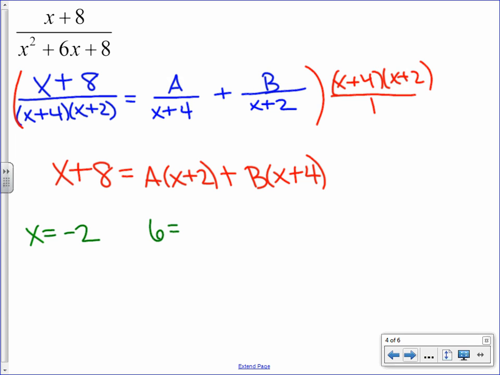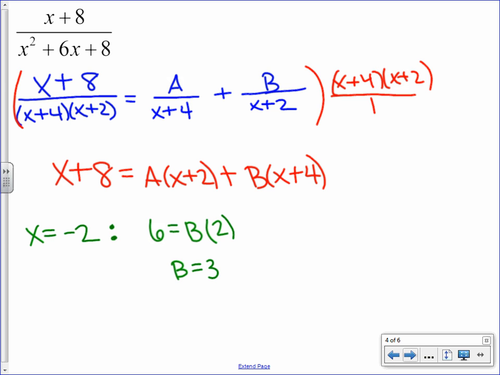When we plug it in here, this factor goes to 0, so all of this goes away, and we're just left with b times 2, which means b is 3. Okay? Plugging in -2 makes a factor go to 0, and so you're only left with one variable to solve for. Okay?